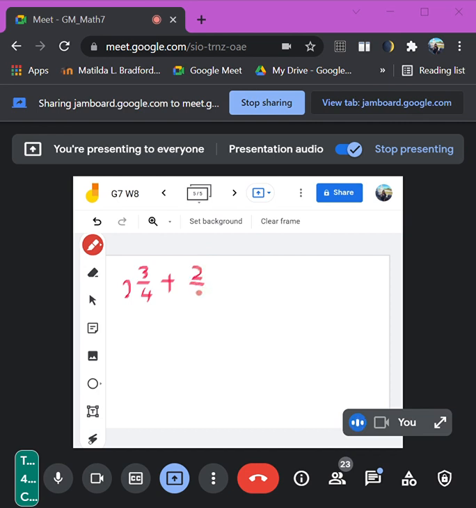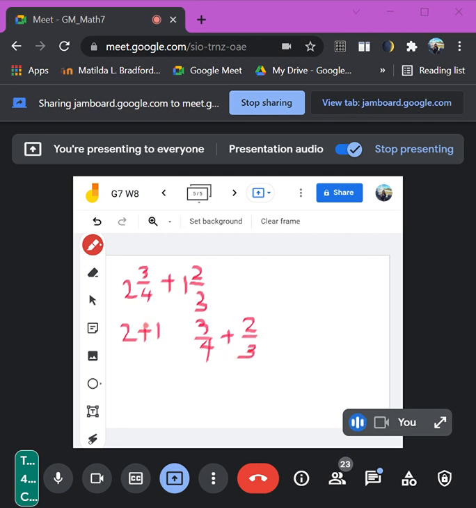What you'll do, class, is line up your whole numbers and line up your fractions. On one side you have 2 plus 1, and on the other side you add your fractions, 3/4 plus 2/3.